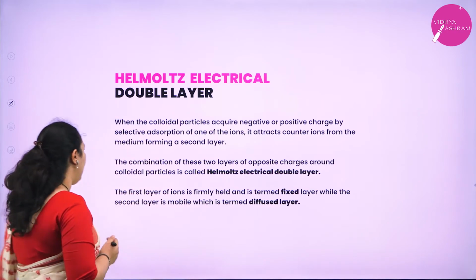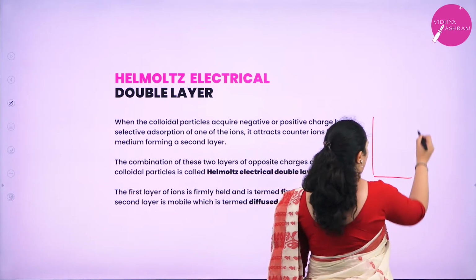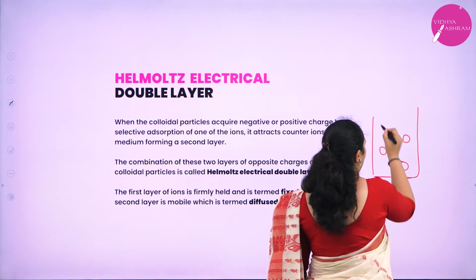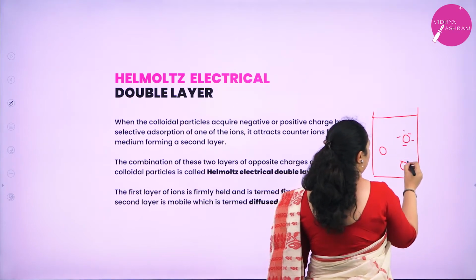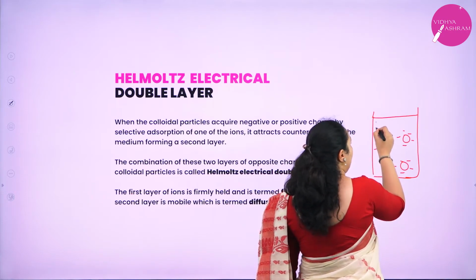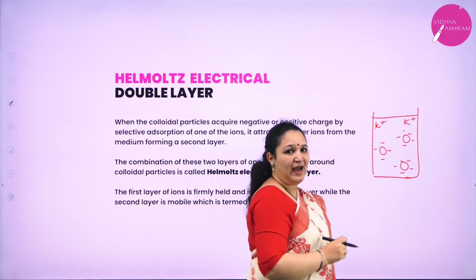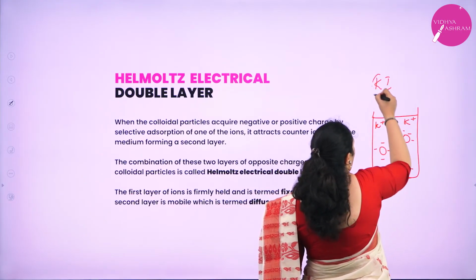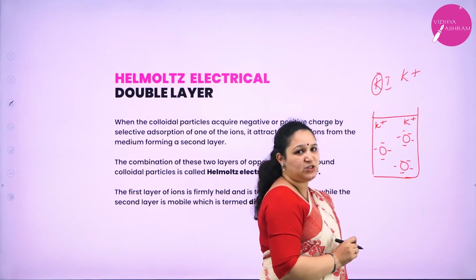For example, I have silver iodide particles, which is negatively charged because of iodide ions. Also in my solution there are potassium ions as well, correct? I have taken potassium iodide in excess. So of course there are potassium ions present in my dispersion medium.